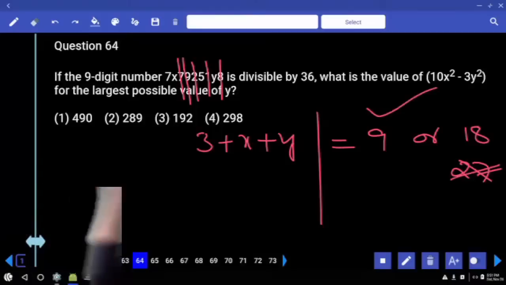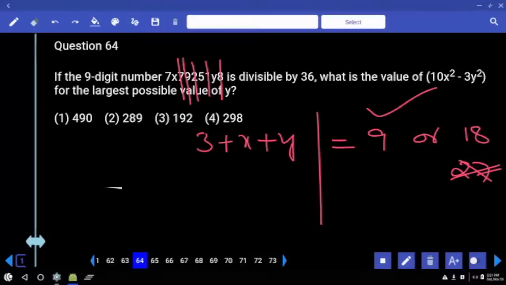Definitely it can be 9. And with the same rule, 3 plus x plus y is equal to 18. If 3 goes to the other side, x plus y is equal to 15. So 2 different combinations we are getting. Agreed or not?